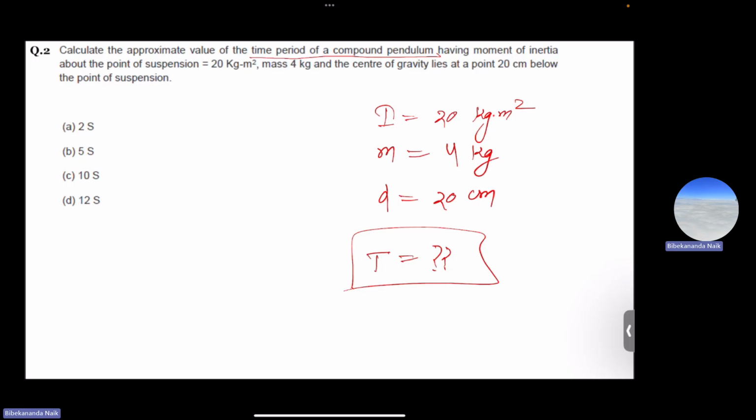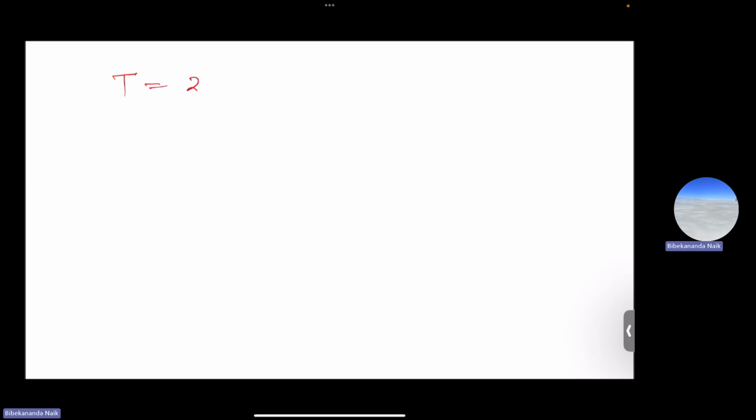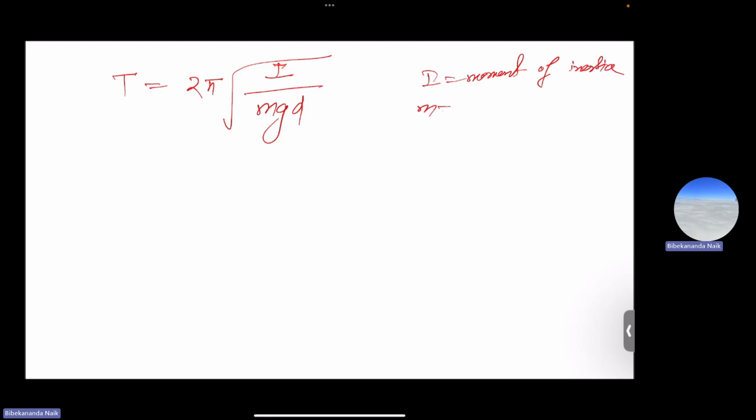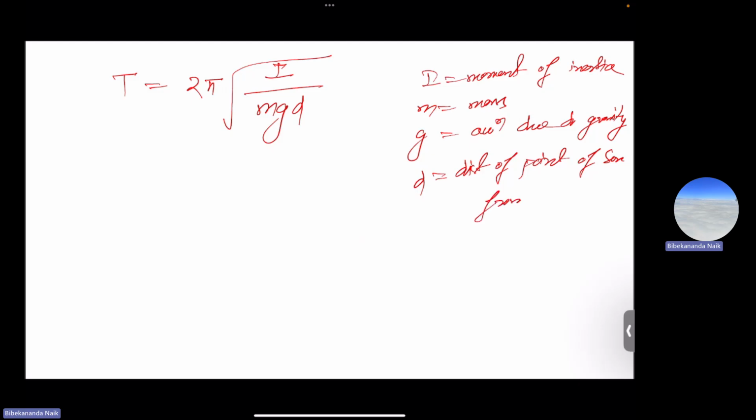We know the time period of oscillation for a compound pendulum is given by 2 pi square root of I divided by mgd, where I is the moment of inertia, m is mass, g is acceleration due to gravity, and d is the distance of the point of suspension from the center of gravity.